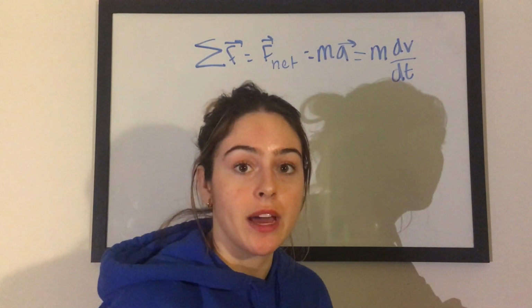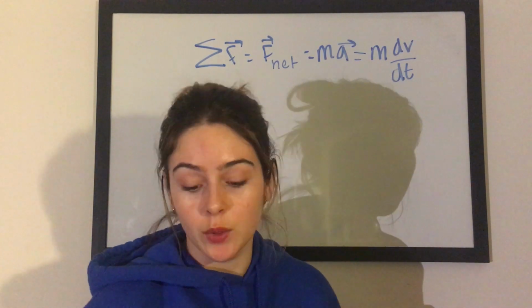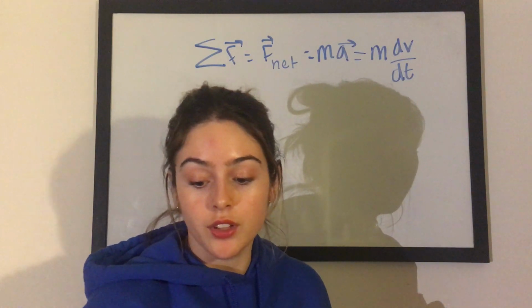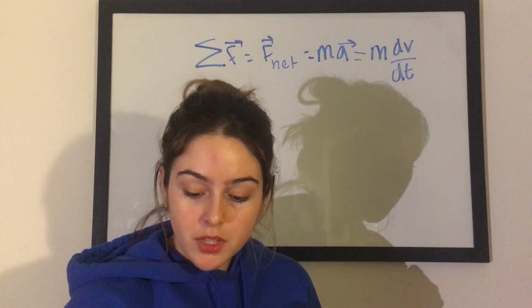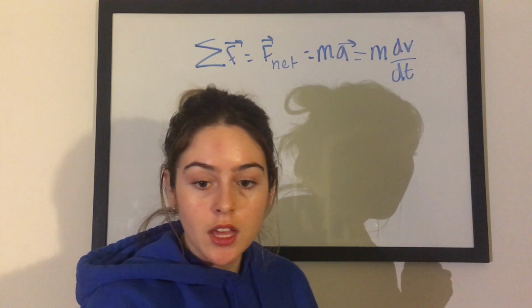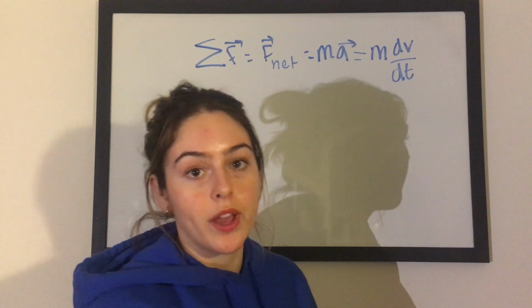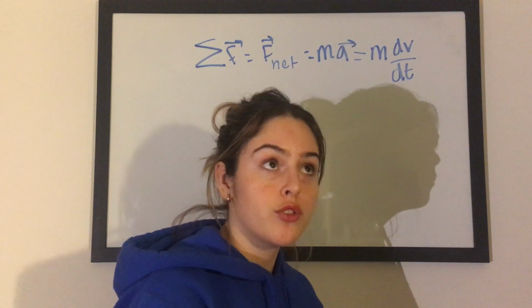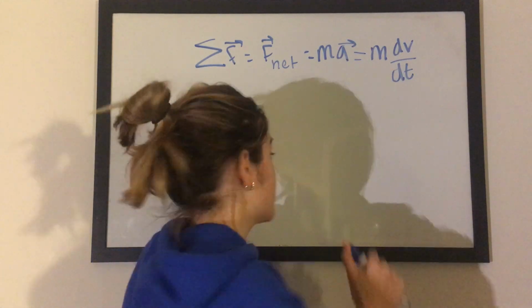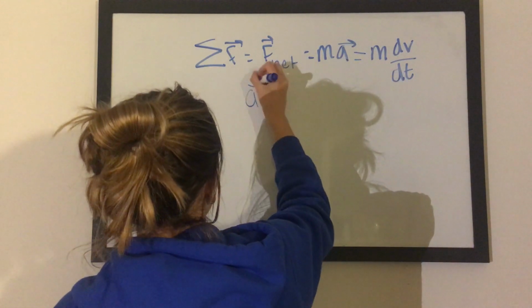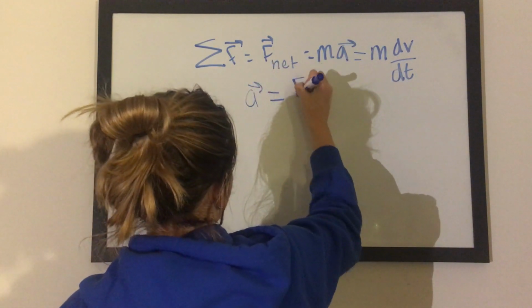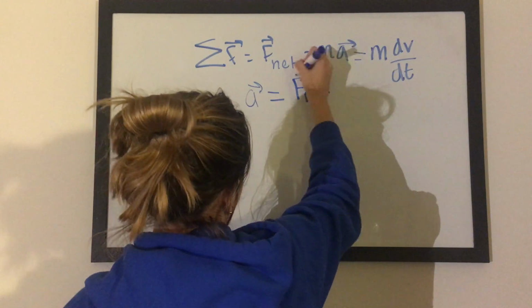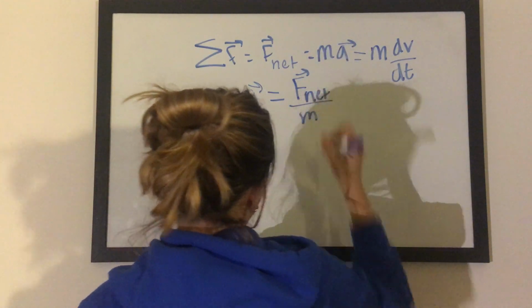This follows a kinematic property that acceleration is equal to the derivative of velocity. Another common way of writing Newton's second law of motion is acceleration is equal to the net force divided by mass.